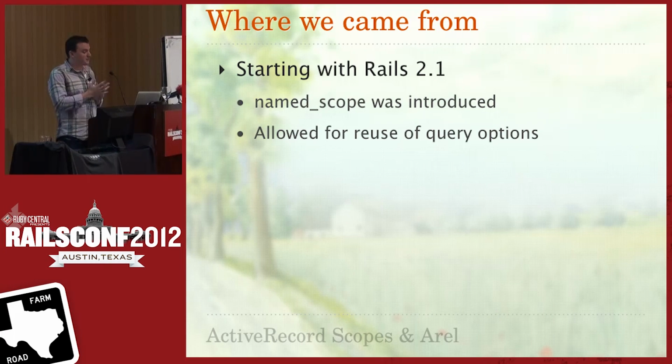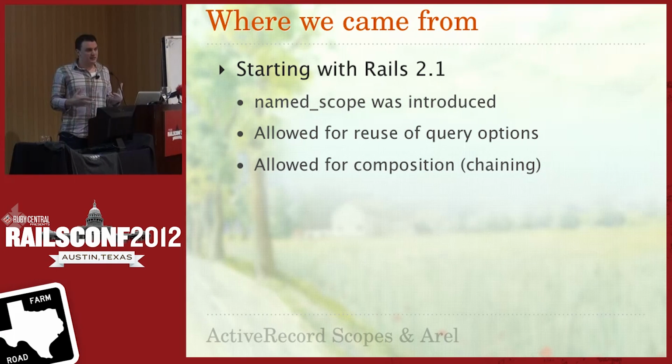What it allowed you to do was to reuse those query options. It also allowed for composition or chaining of these scopes. If you made these scopes really granular, then you can build them up and pull the records that you wanted out using multiple of these scopes.